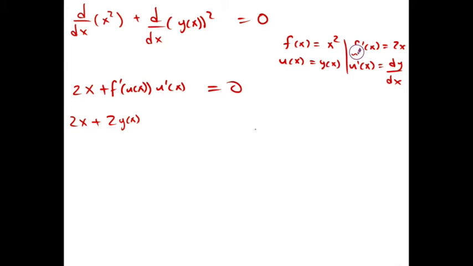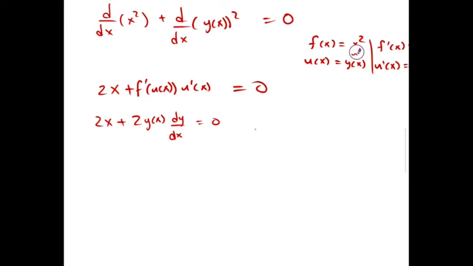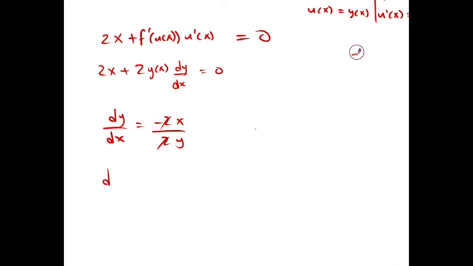Times u prime, which is just dy/dx. So now we just solve for dy/dx. We subtract the 2x over, then we divide both sides by 2y. The 2's cancel, and we get dy/dx equals negative x over y.